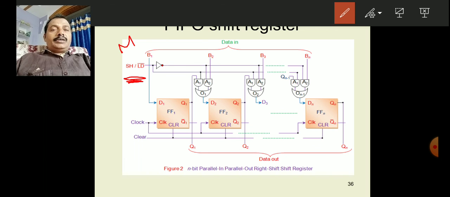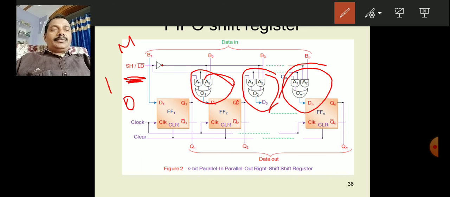When mode is 1, shifting operation is done. When mode is 0, loading operation is done. The data is loaded into the flip-flops. The loading, how it is done with the help of this gate circuitry, I told you in detail. So this is the standard gate circuitry that can be used while configuring the mode of operation, loading or shifting.